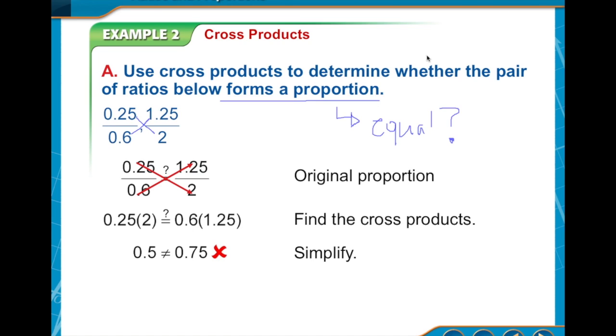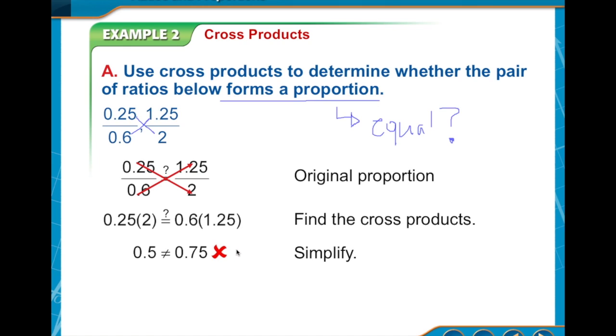Now we'll see if the decimals are the same. So 0.25 times 2, I know is 0.5. You can check that. And 0.6 times 1.25 is 0.75. Clearly, when we're comparing, are these two equal, we can see that they are not. They are different, hence a no equal sign, and the red X reminds us that they are not the same.